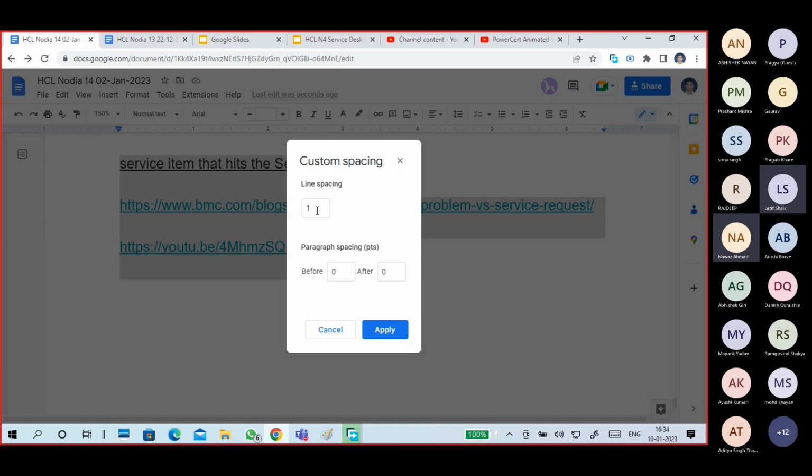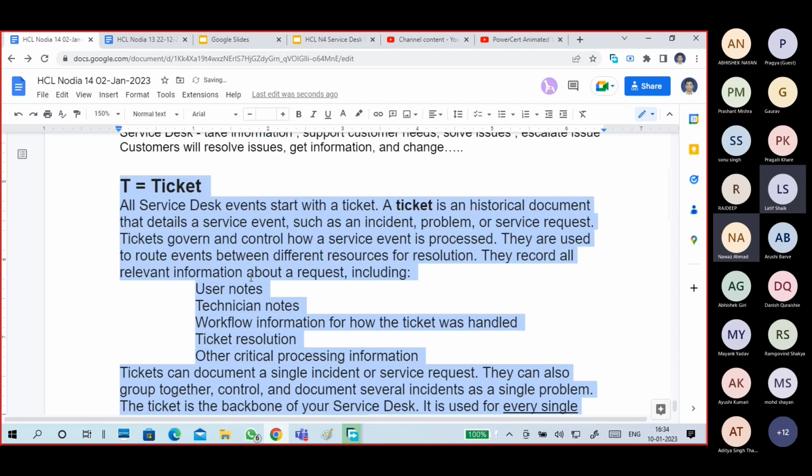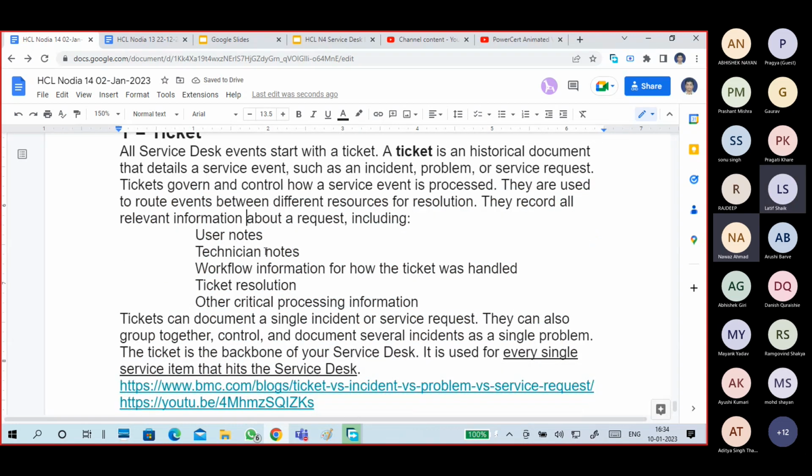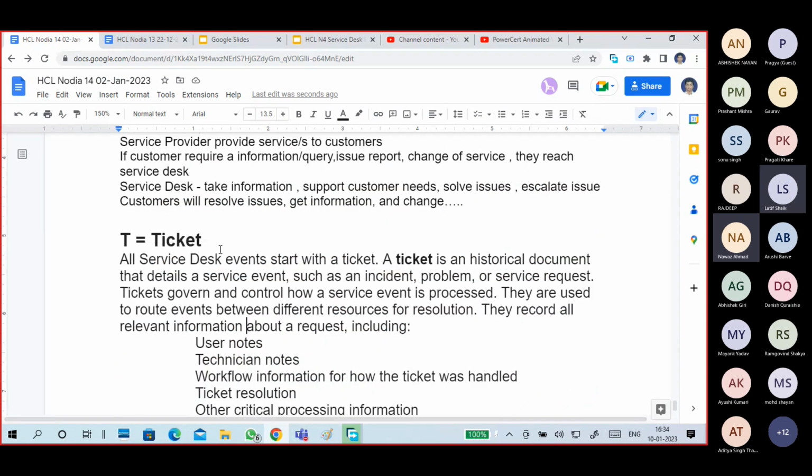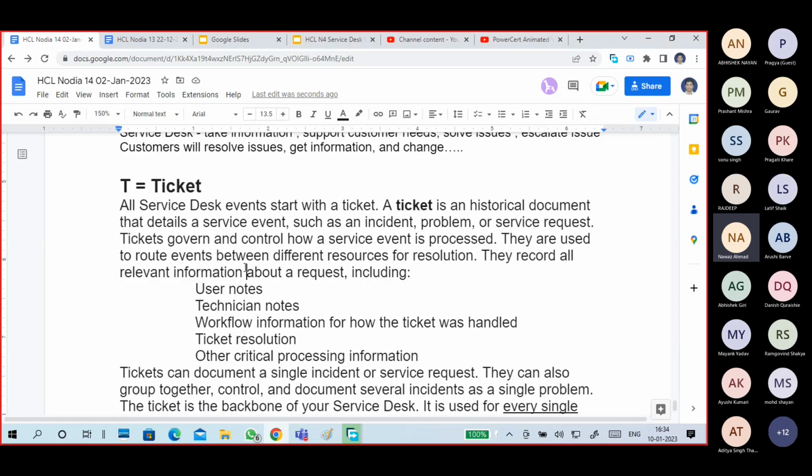Custom spacing, plain spacing, before and after is also good. One line spacing is good. Yeah, this is good. Okay, not at all good, but still okay.